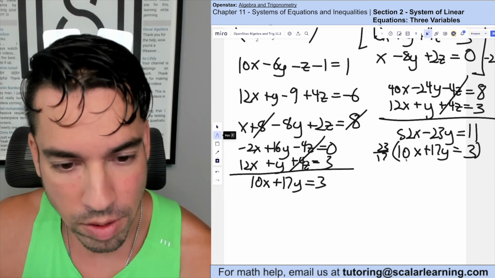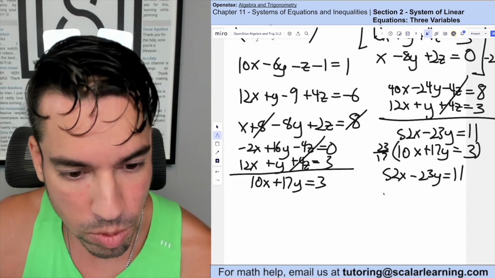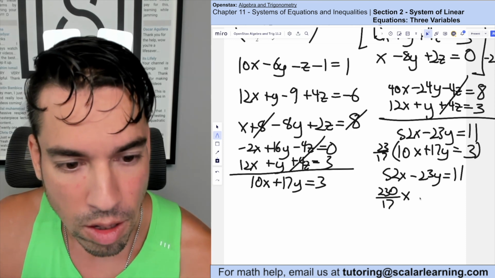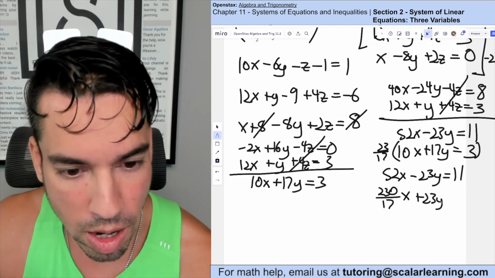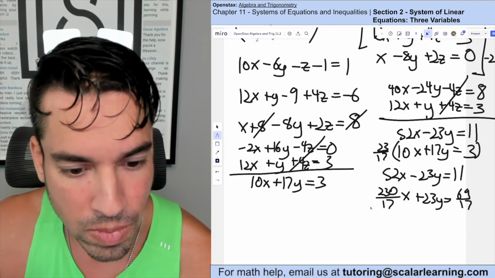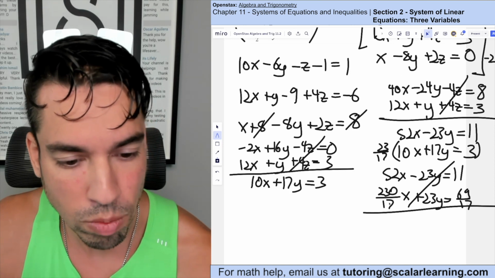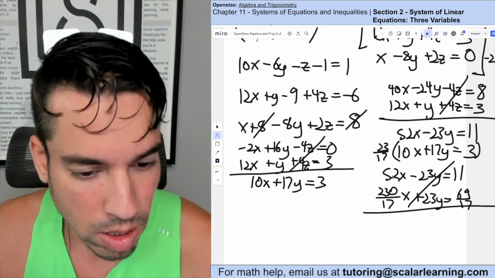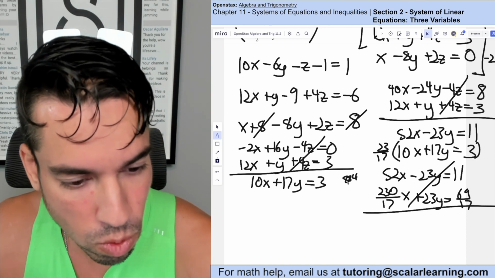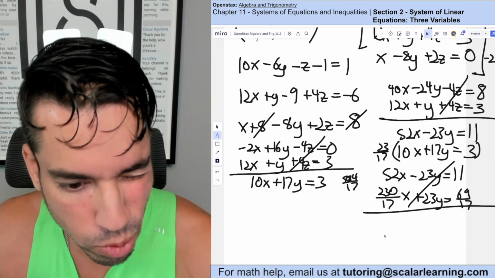So just moving down to give us a little more room, the top one's the same, and the bottom one becomes 230 over 17x plus 23y is equal to 69 over 17. Now when we add these together, those cancel out. And then 52 plus 230 over 17. If I write 52 as a fraction over 17, it's 884 over 17. So that plus 230 is 1114, right?